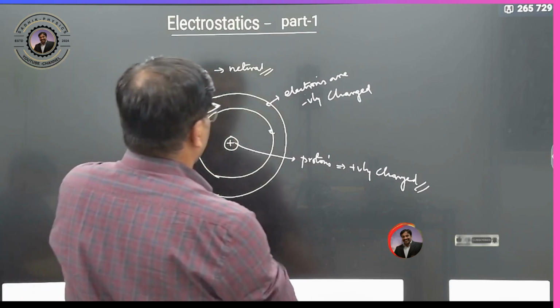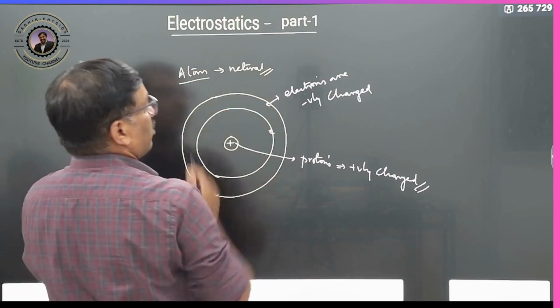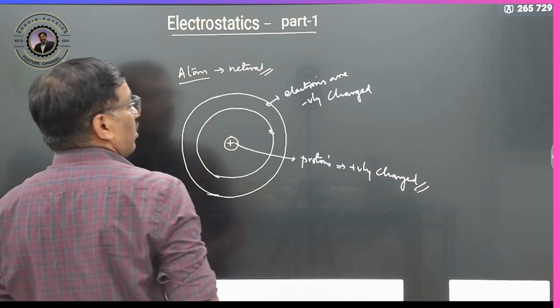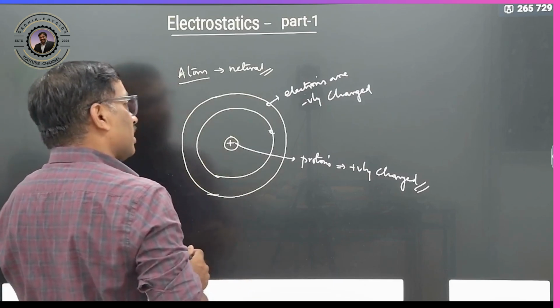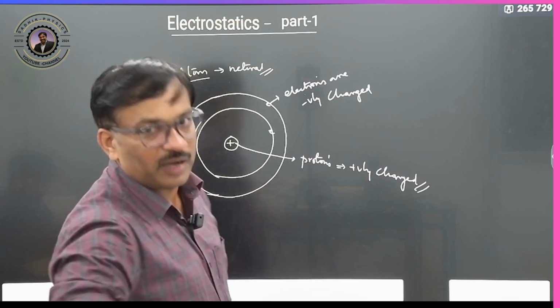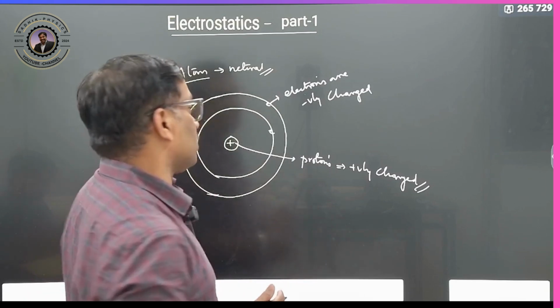However many electrons there are, that many protons will be there. The charge of the electron and the charge of the proton is the same in magnitude, but with different polarity, so one is opposite to the other.